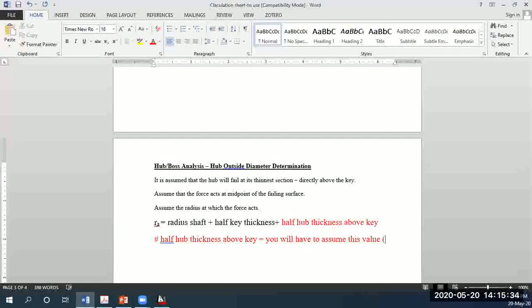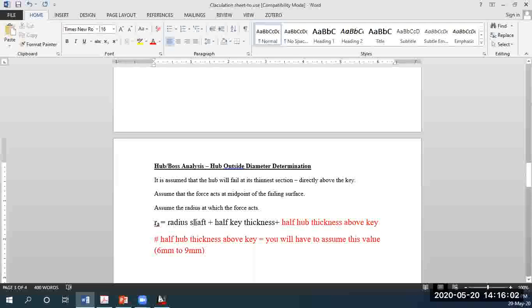Now this is where each individual assignment will be different, right? Because what we don't like to see is all of you using the same value. So you could use any value between 6 mm to 9 mm, right? So here you could use any value.